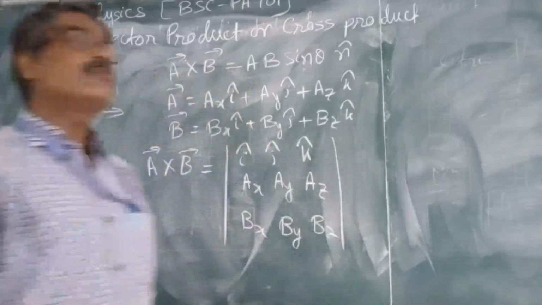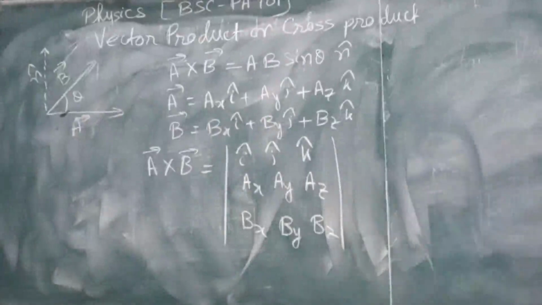Using the determinant we can find out A cross B.